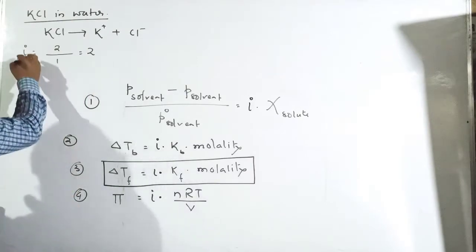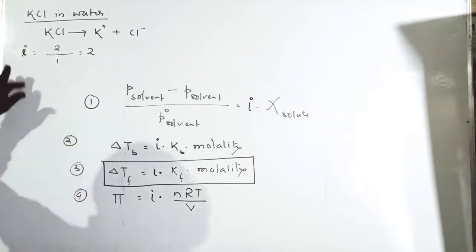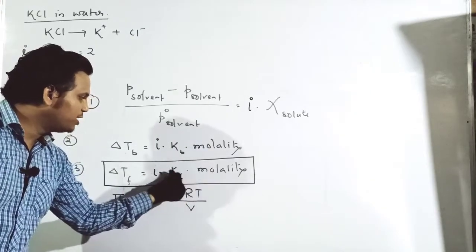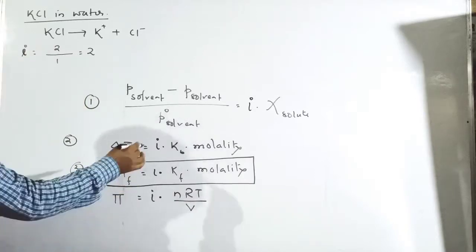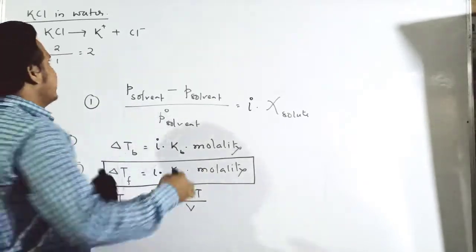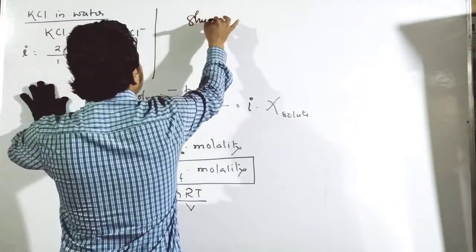So what will be the value of i for KCl in water? The value of i will be 2. So 2 multiplied by 1.86 into molality 1. So that was the result. Now it is correct.